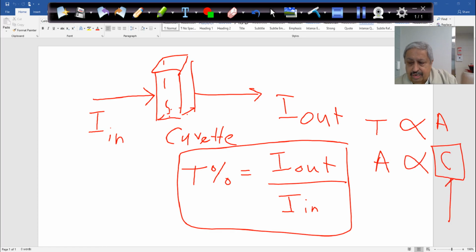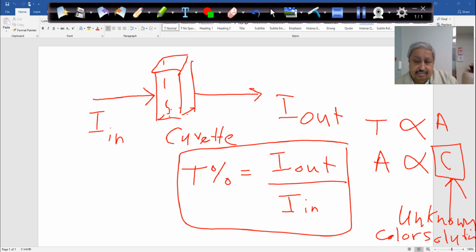We are looking for the concentration of an unknown color solution. That's what we are looking for in the experiment. We'll have an unknown colored solution, and we have to determine its concentration. That's the whole idea. There is another video that gives you the whole details.